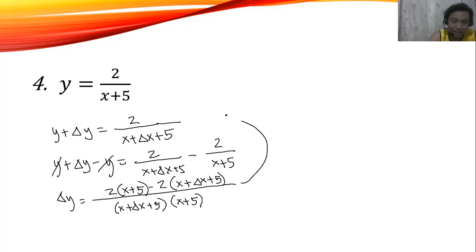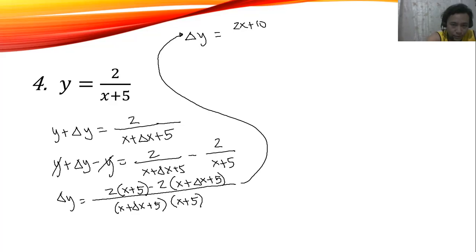So we're not yet done pagdating sa pagsisimplify niyan. So we now have delta y is equal to 2x plus 10. So distributive property, ito, pakita ko lang.